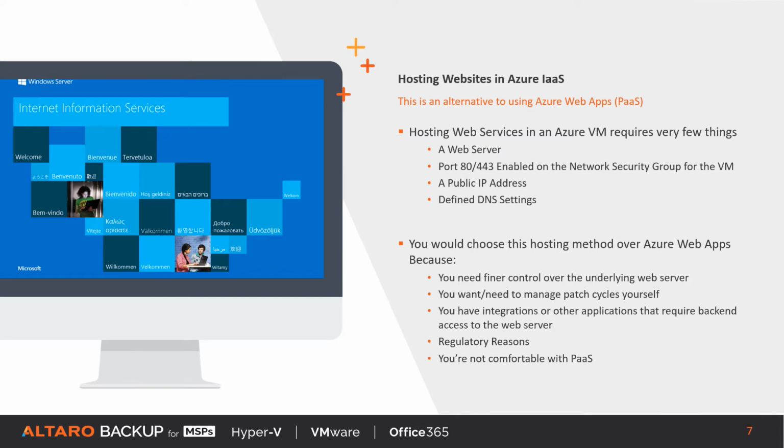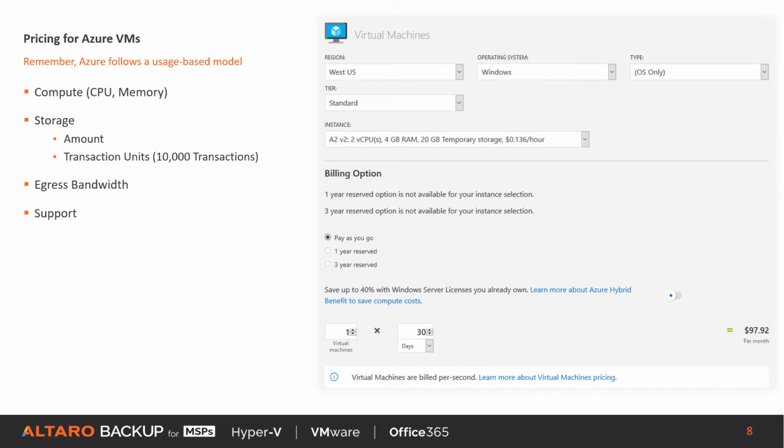And from a pricing perspective, it's not really too bad when you start pricing web servers out in Azure IaaS, because really you're just pricing out a virtual machine. How strong does this web server need to be? As you know, Azure is a usage-based pricing model. So you select your size, and you get billed based on its size for however long it runs in a given month.